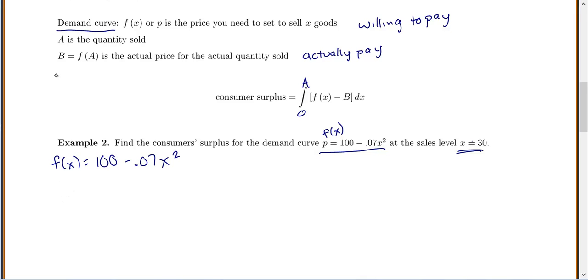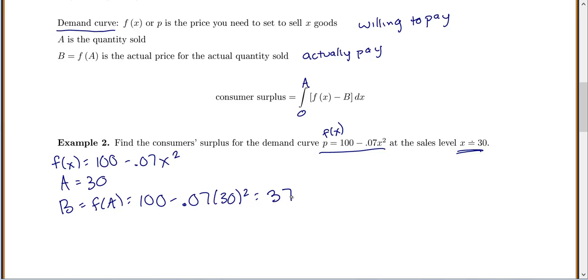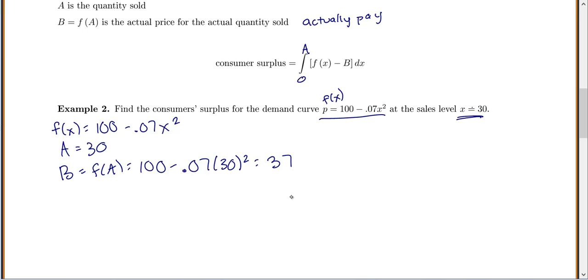My actual x level, or my quantity sold, A, is going to be 30. And B, which equals f of A, in our case is going to be 100 minus 0.07 times 30 squared, or 37.